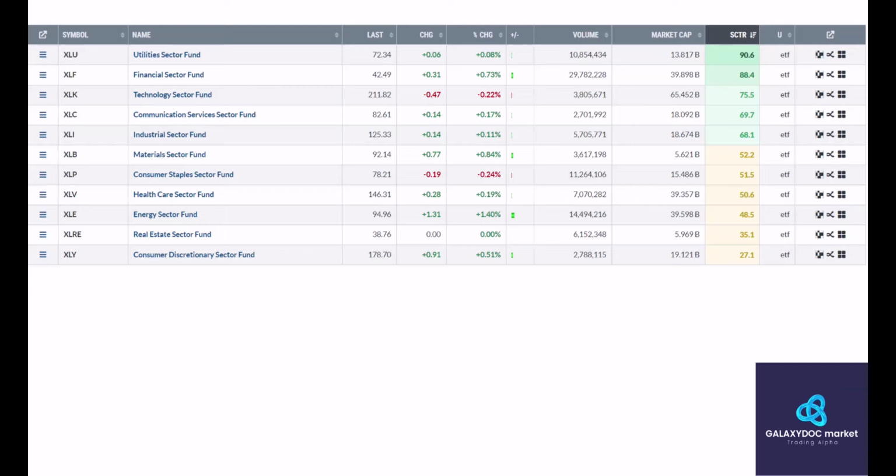Now, when we look at these, it's important to understand that the sectors that have the most strength are noted by the sector strength ranking. That strength is in the utilities, financials, as well as the industrial sector. There is one stalwart, which is the technology sector fund.